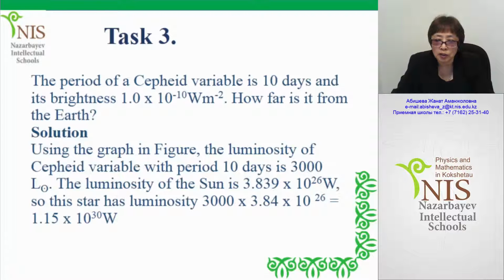The luminosity of the Sun is 3.839 times 10 to the power 26 watts. So this star has luminosity 3000 multiplied by 3.84 times 10 to the power 26, which equals 1.15 times 10 to the power 30 watts.